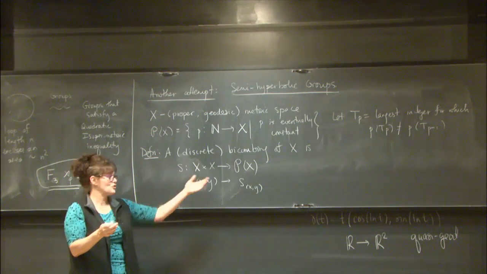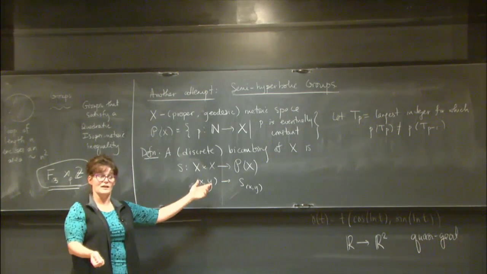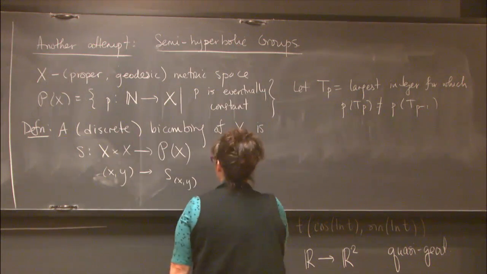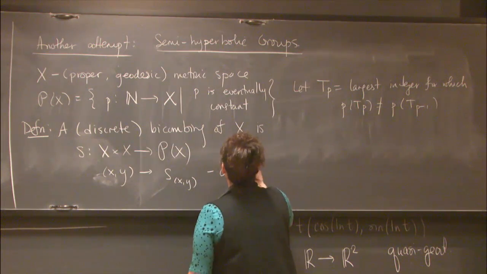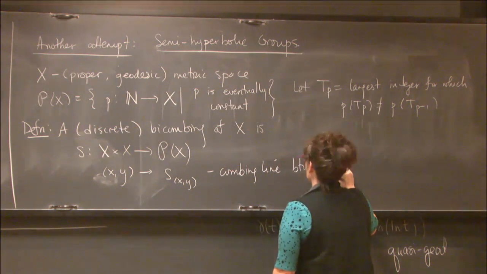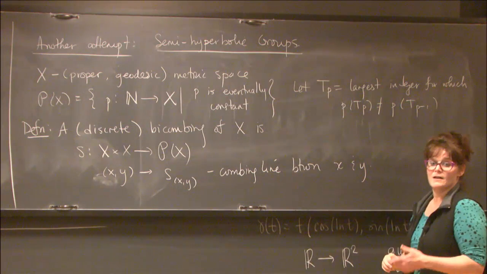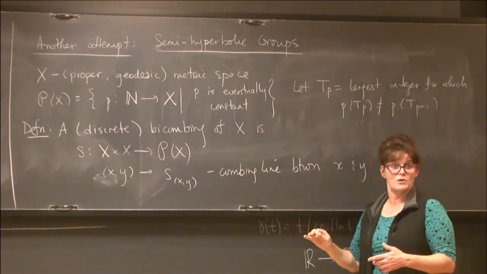All I've done is choose some points. There's X and Y, and then I've chosen some points. That's all I've done, right? This is called the combing line between X and Y. Again, line is deceiving, and so is the word between.